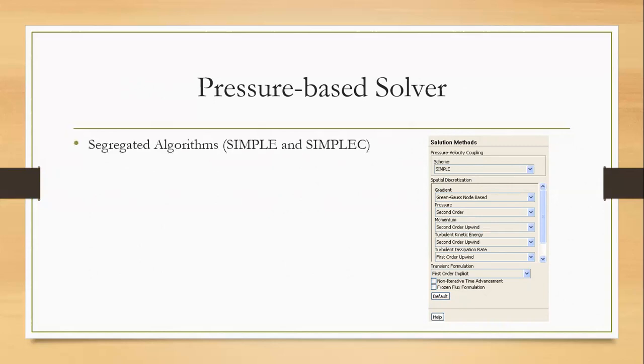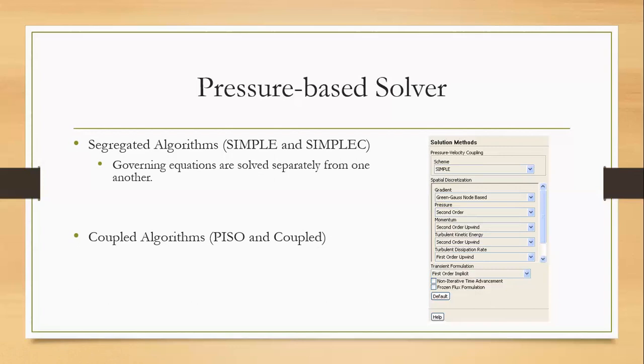If you scroll down in this scheme dialog, there will be four methods which you'll be able to select. Out of these, SIMPLE and SIMPLEC use segregated algorithms, and PISO and Coupled use coupled algorithms. Okay, so what are these algorithms?